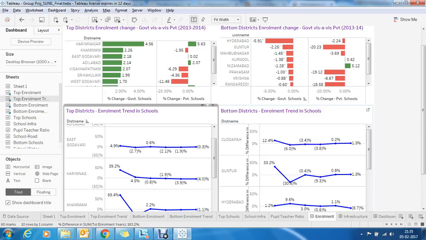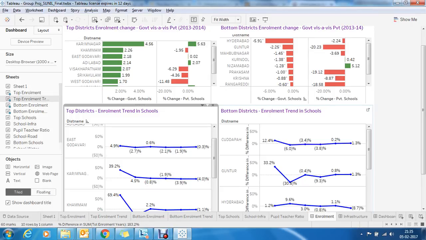In the first dashboard, we built a visualization which would be helpful for the Ministry of Education. A report by the Regional Institute of English has established the fact that enrollment in government schools reduced drastically from 1995 to 2010 in Andhra Pradesh.